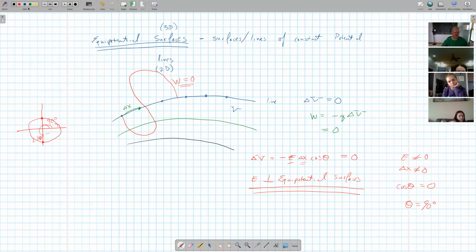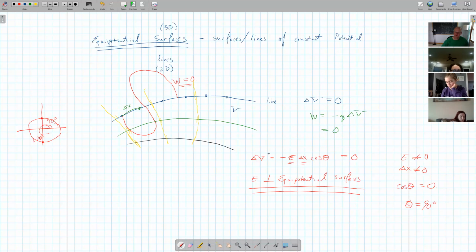By knowing these equipotential surfaces and knowing the fact that the electric field has to be perpendicular to it at all locations, let's say here, here, and here, 90 degrees here, 90 degrees here, 90 degrees here. This will then allow me to map out my electric field. So in this case, my electric field has to go, say, like this, and go like this, and go something like this.